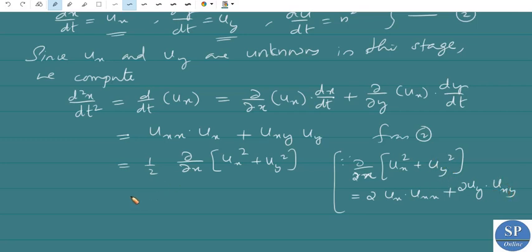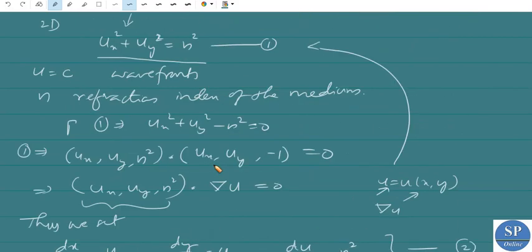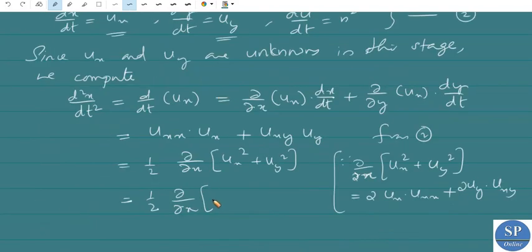So this is equal to 1/2 into ∂/∂x of (ux² + uy²). By the eikonal equation we have ux² + uy² equal to n², so this is n²(x, y). n is a function of x and y.